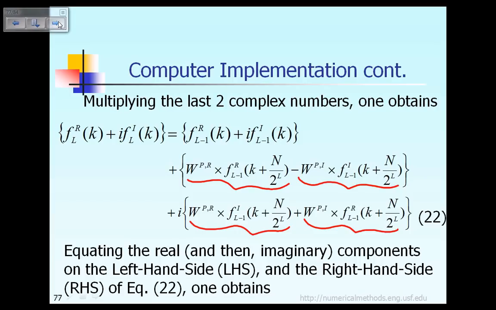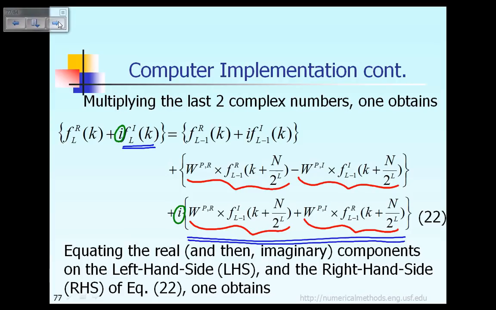If you notice, this is small I, this is small I. And therefore, what it means is the coefficient of small I, in this case on the left hand side, means FL with superscript I. That can be equated to this square bracket right here that you see in equation 22.